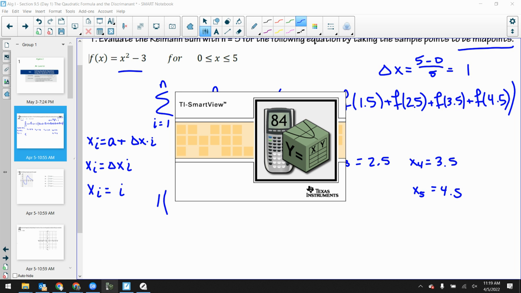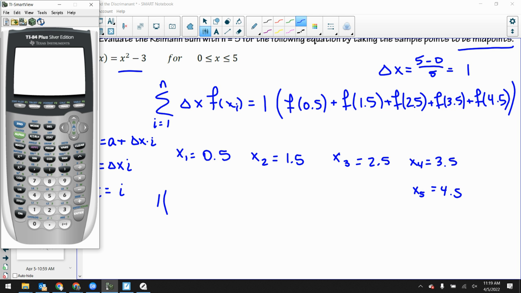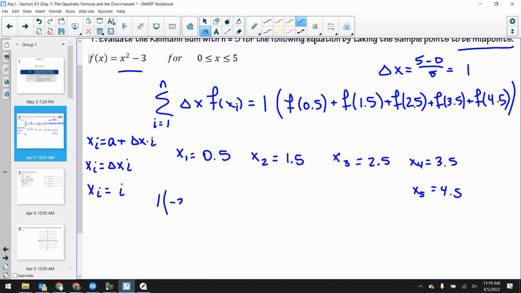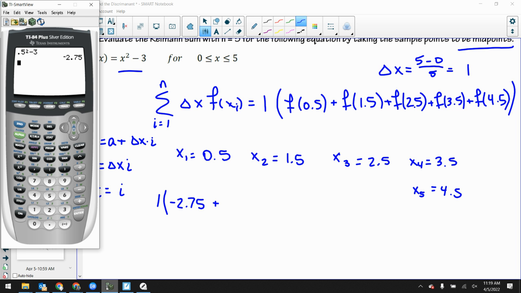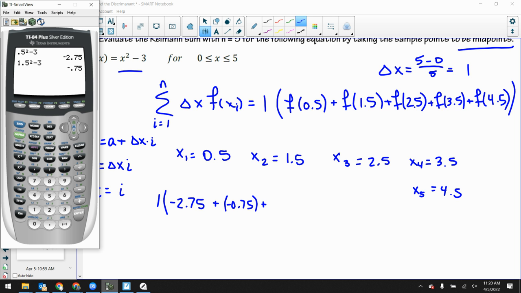0.5 squared minus 3. I'm not going to try to do that in my head. 0.5 squared minus 3 is negative 2.75, plus 1.5 squared minus 3, negative 0.75, plus 2.5 squared minus 3, and that's 3.25.